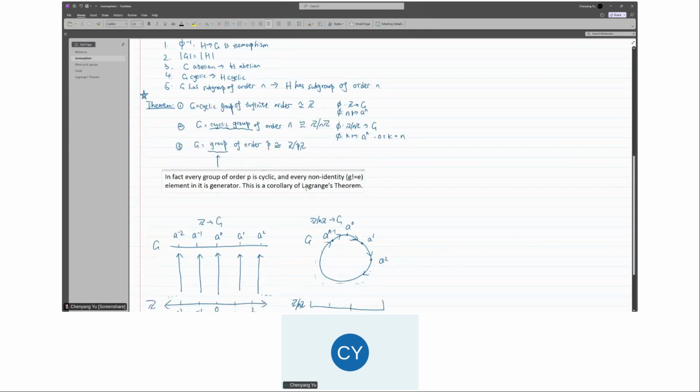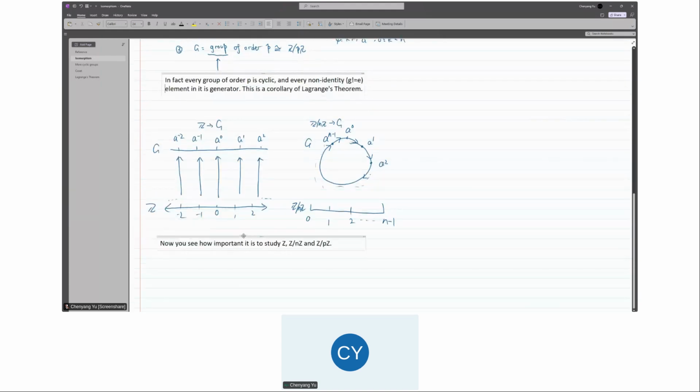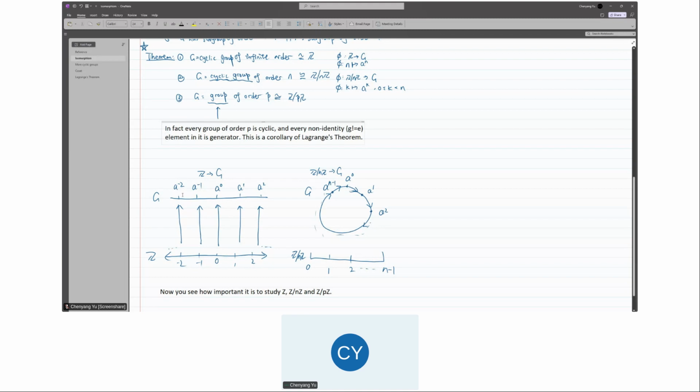So how do you visualize this? For the first statement, I like to think of two number lines. I put Z on the bottom. Z is like an infinite number line. I map a to 0 to 0, I map a to 1 to 1, and so on and so forth.